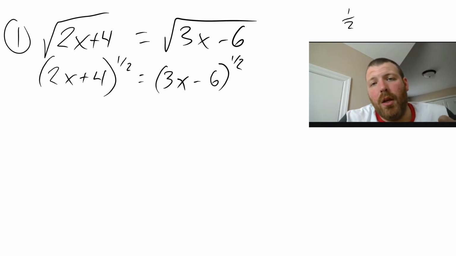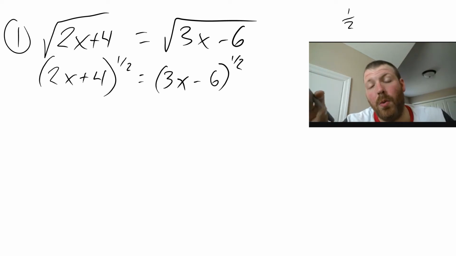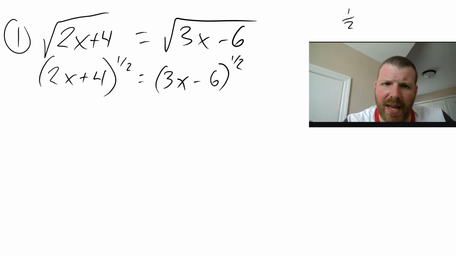Now, ultimately, the only thing you need to do here is understand how to get rid of that 1/2 power. We don't want to distribute it, we don't want to do any of that nonsense. What we want to do is eliminate it. To eliminate it, we have to think about power rules. I know it's a little early and we haven't talked too much about exponents, but basically to get rid of a 1/2, you have to square both sides.